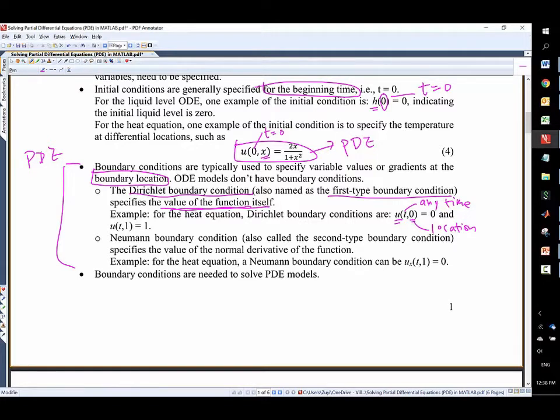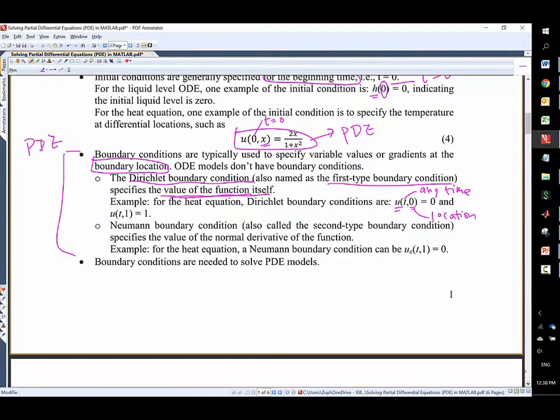The second boundary condition we call the Neumann boundary condition. We also call it the second type of boundary condition. Different from the first type, in the second type we have the derivative. So we get the derivative of u over x at anytime and at a location.